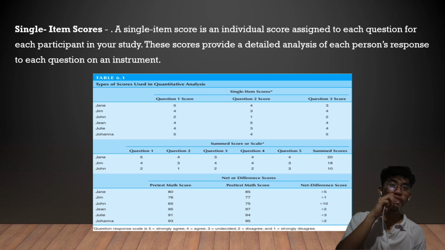And we also see for each participant a post-test math score, a sum score at the end of the unit that represents the overall score on the final test. The net score shows how each participant's performance improved in 6 cases between the pre and post test.